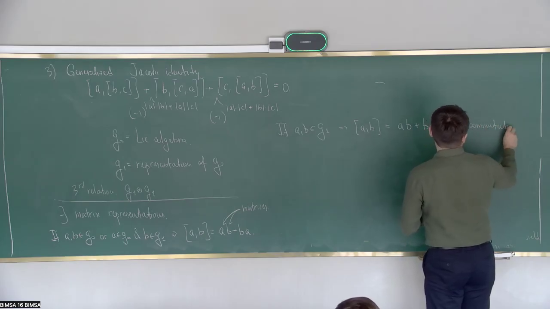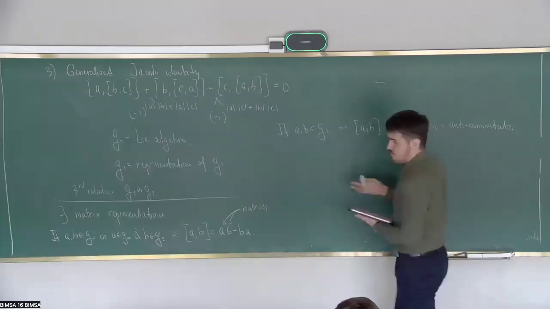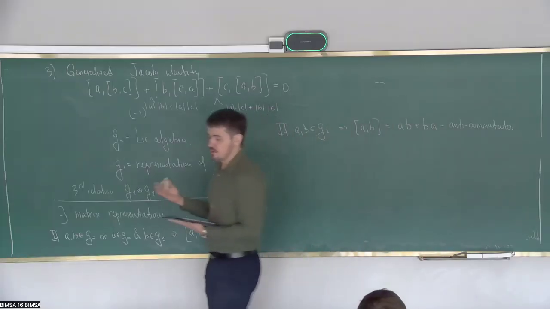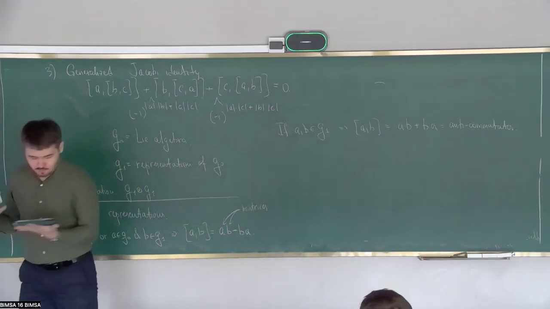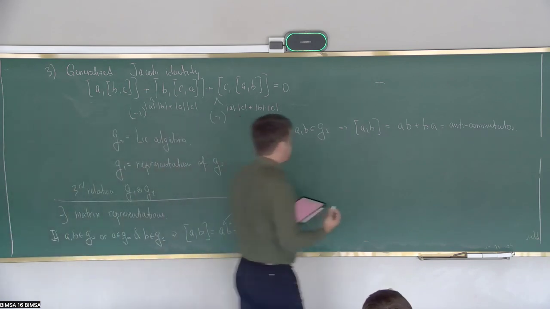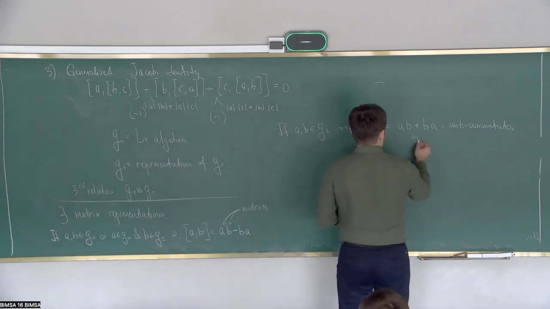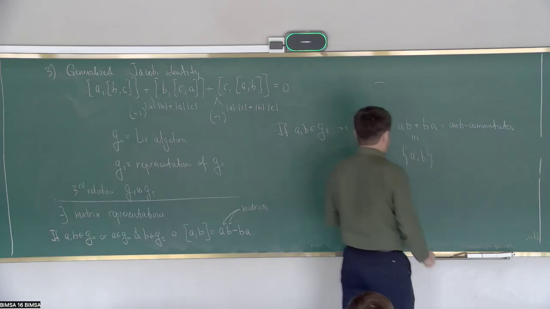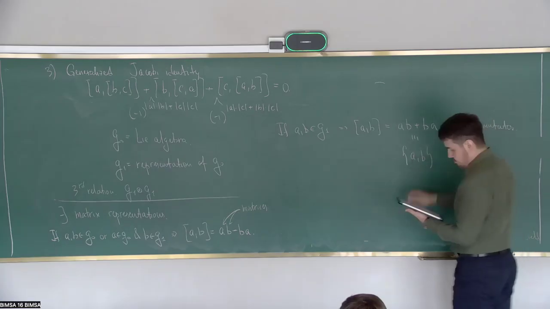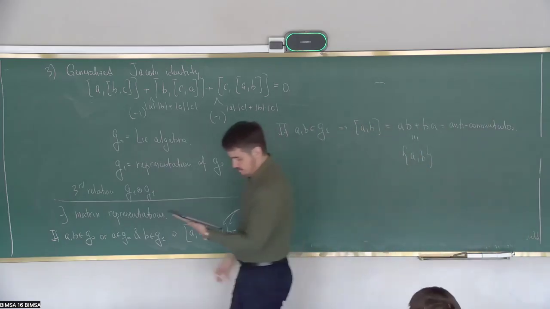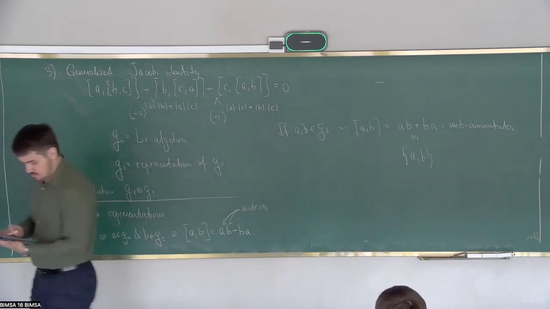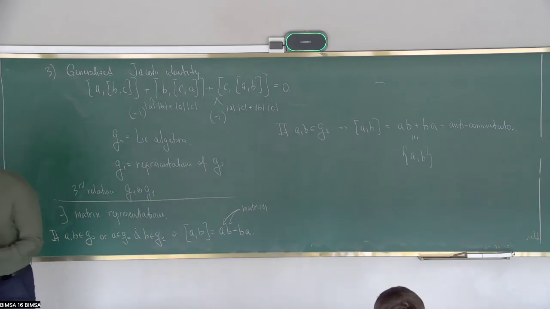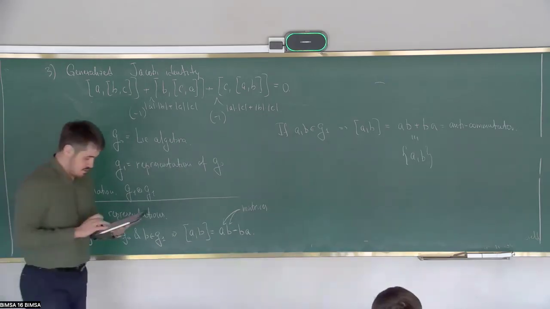In this case, we know that both elements are odd, so they have grading minus 1. So we will use the more common notation: not square brackets, but curly brackets, so as not to be confused about it. Okay.